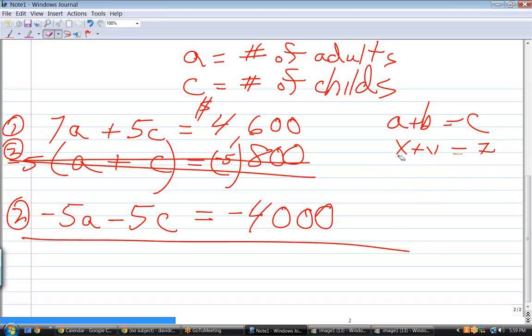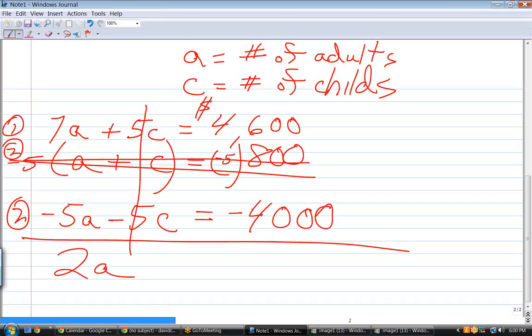So if I add equation 1 to equation 2, what do I get? We get 2a equals... the 5c goes to 0, and hence the name elimination.